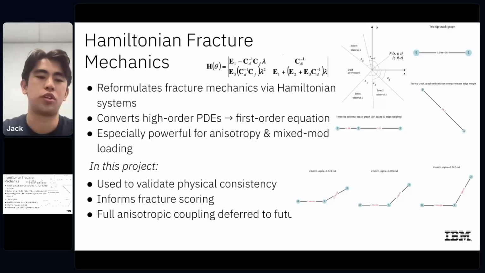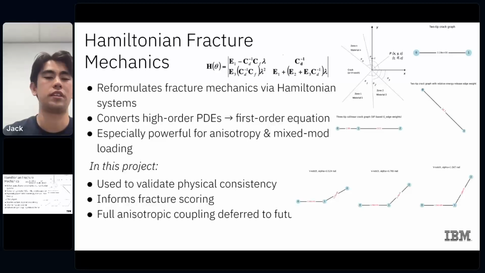To touch on the Hamiltonian fracture mechanics, this is the formalism that we used for the physics-based scoring system. We looked at this as a way to map things onto our graph. The advantage of this formulation is that it converts higher order PDEs into first order equations.